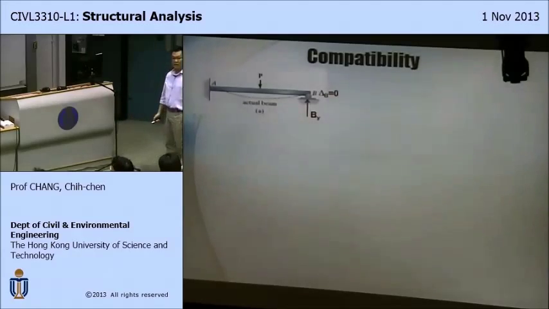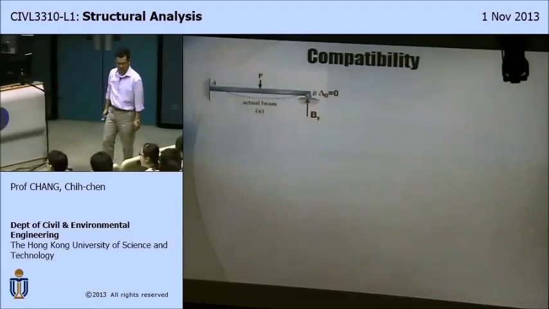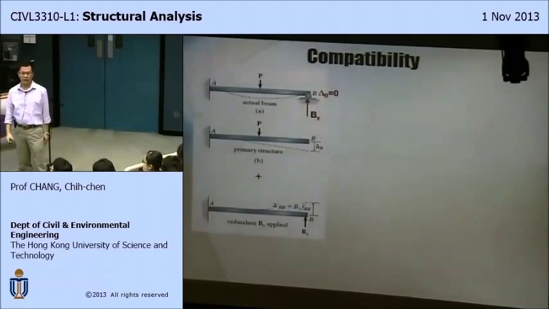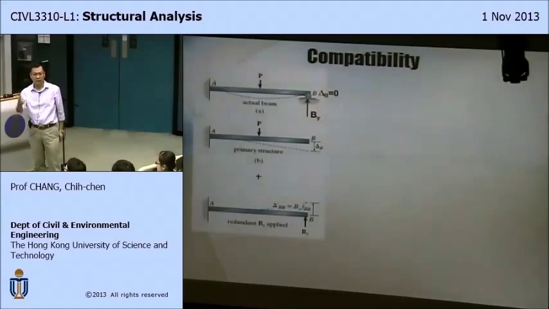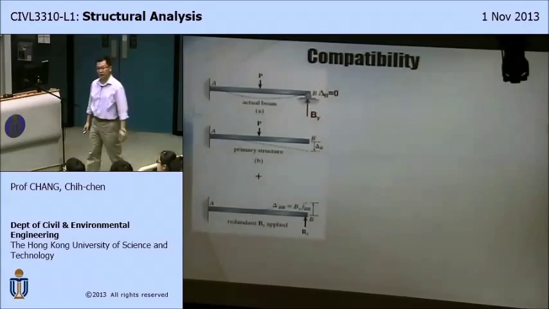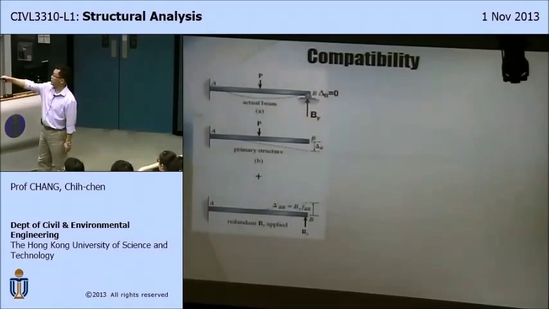So can you imagine that temporarily, let's forget about this support. Let's assume that I have a P force and By force acting on the structure. So I have two forces acting on the structure. One is P, downward. The other is By, acting upward. So I can use superposition to analyze the structure. So I analyze P force first, assuming that By is not there. So I can calculate these displacements.